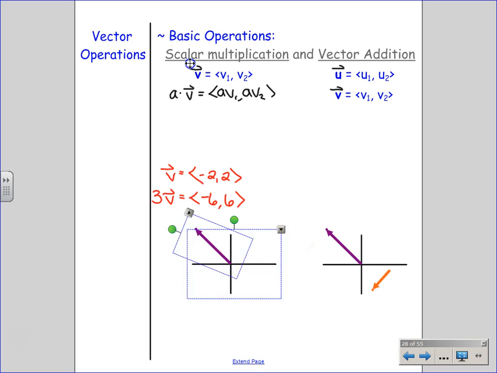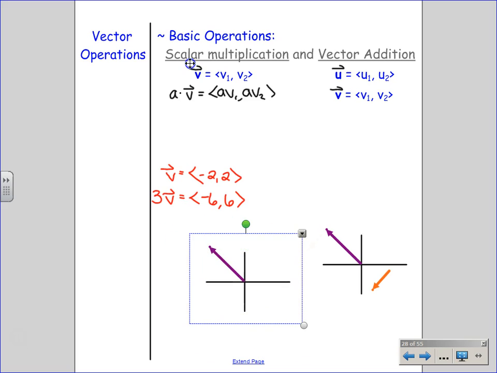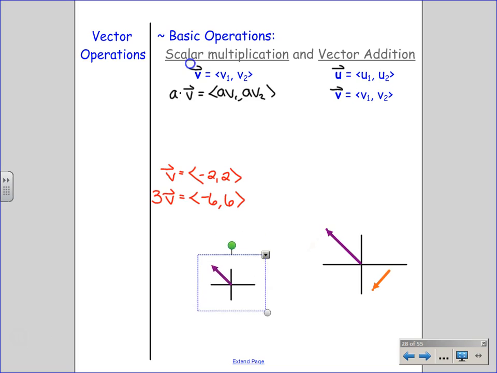So if this was negative 2, 2, and I needed to triple the vector, which could be something like tripling the force, Aiden's group, gotta help him out. Or maybe you're going to go 3 times as fast, or 3 times as long. Instead of going negative 2 and positive 2, you're going to go 6 left and 6 up.